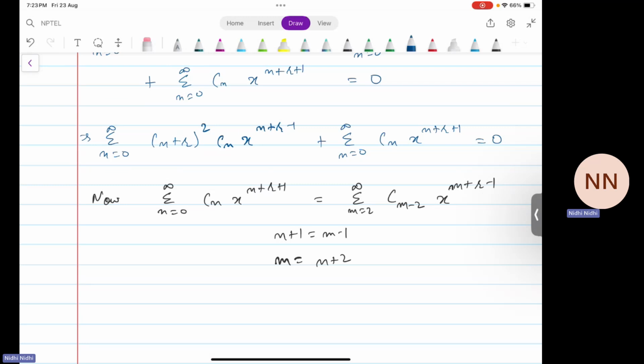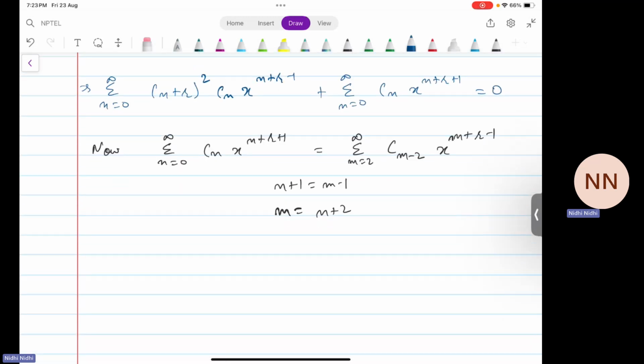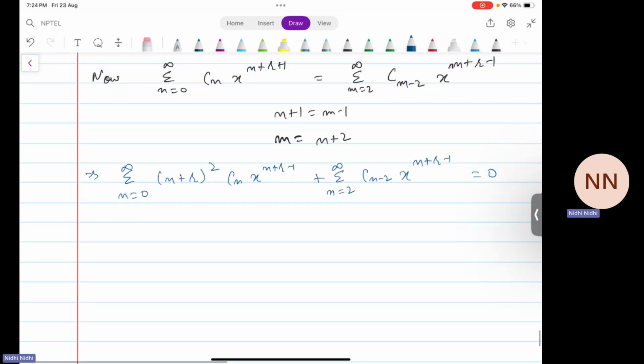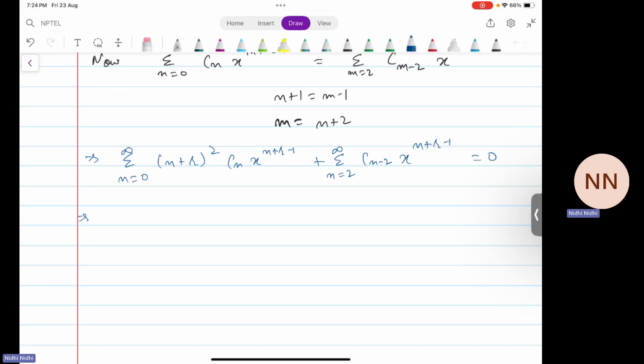So now just substituting this, replacing m by n and putting in the above equation, we'll get summation n from 0 to infinity (n plus r) square Cn x to the power n plus r plus summation n from 2 to infinity C(n minus 2) x to the power n plus r is equal to 0. This will give us, we'll take out the first two terms of the first series.